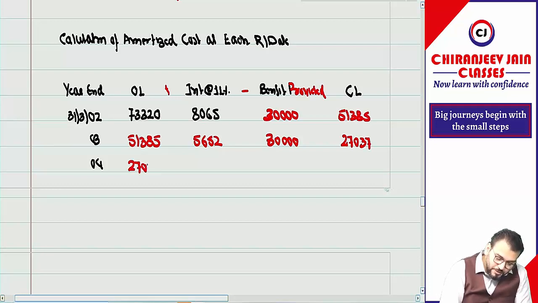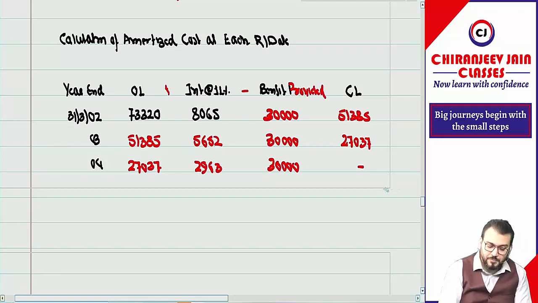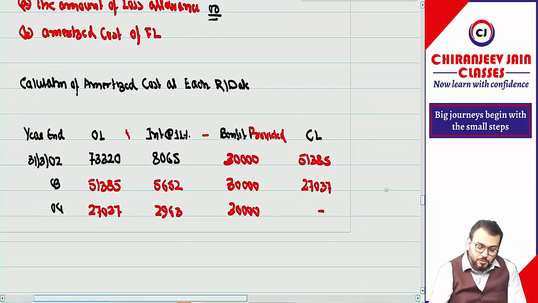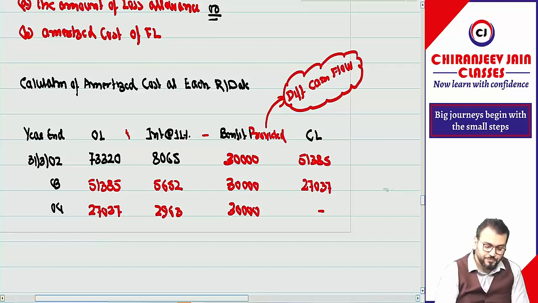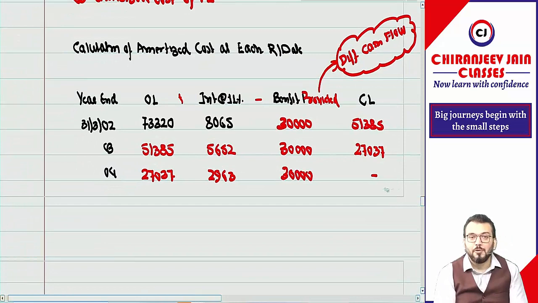Then 27037. For the last year take it as balancing figure, 2963. So the benefit provided is the differential cash outflow. Got it? So we have calculated amortized cost.